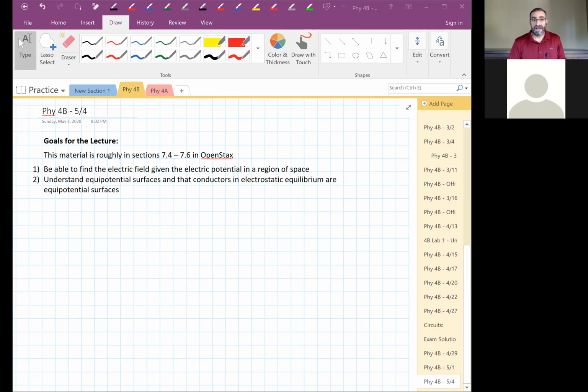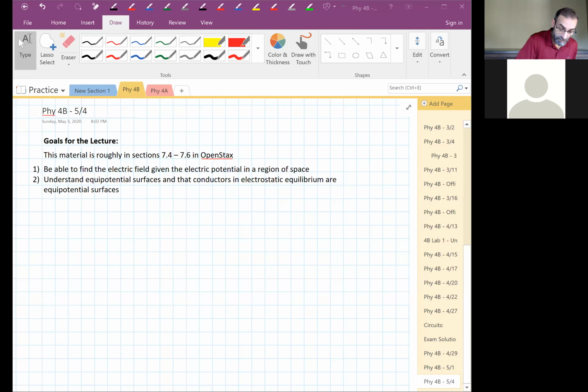We're working on finding electric potential due to charge distributions. And so what we found last time was that we went inside of a charge distribution where there was no electric field, and we saw that the delta V had to be constant inside of that charge distribution because there was no electric field there.